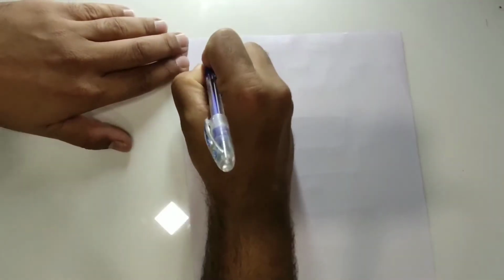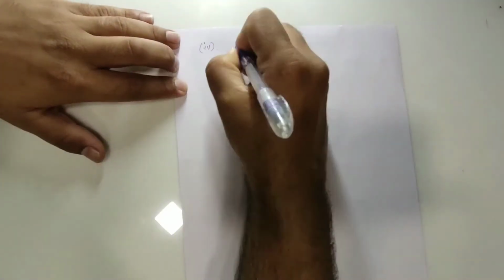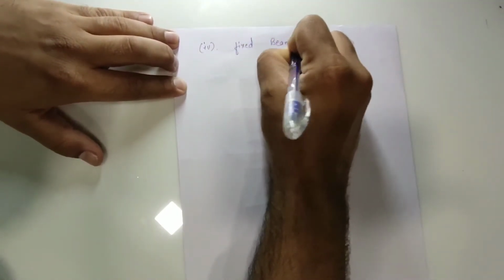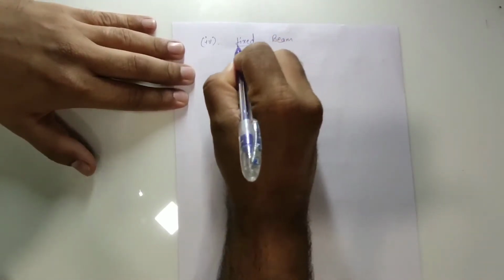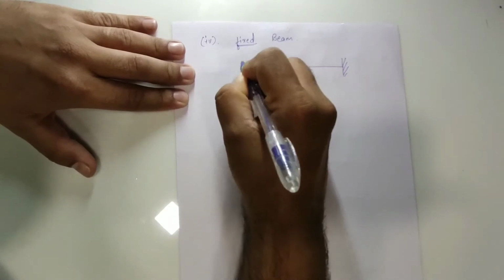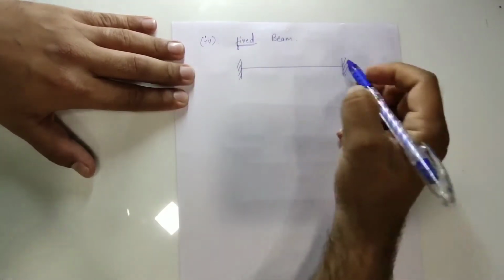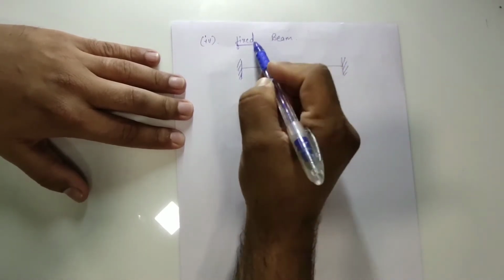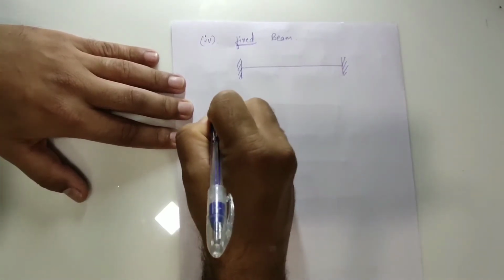Next one, fixed beam. The name itself says fixed. So a beam which is fixed from both sides, so the supports are fixed supports. The beam which is fixed from both sides is known as fixed beam.